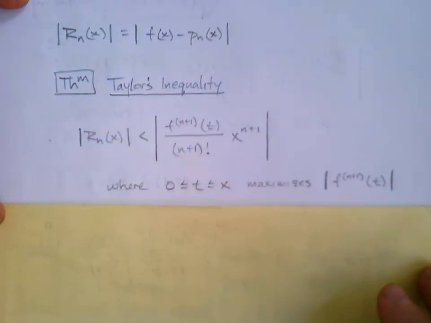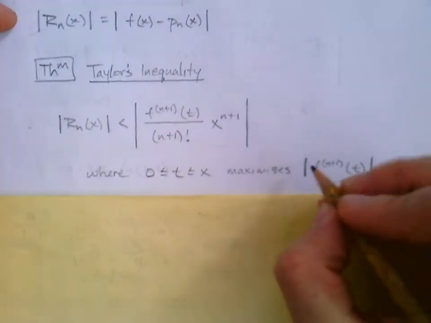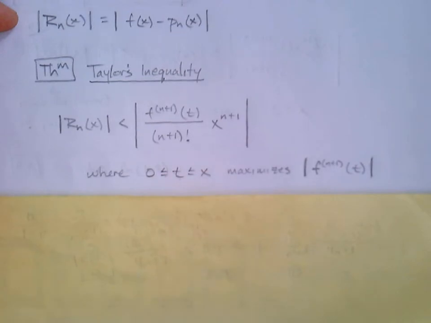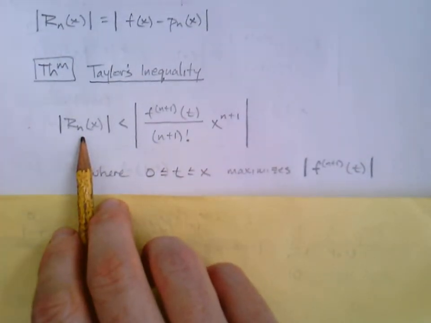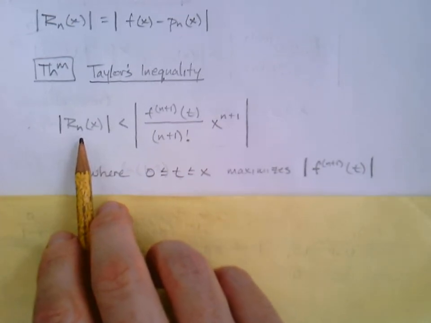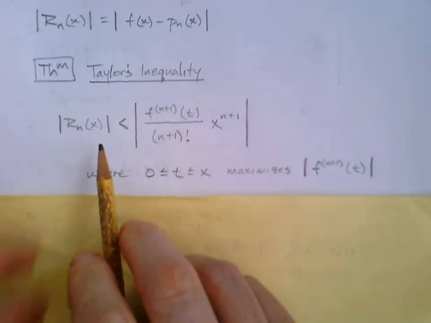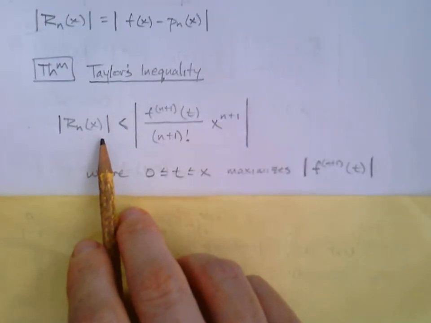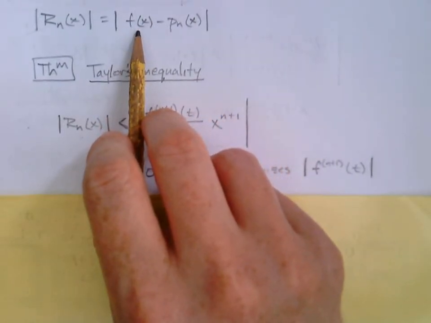Here it is. Kind of intimidating at first, but let's read through it and maybe it won't be so scary when we're done. Okay, so there's your nth degree Taylor remainder and the absolute value, right? It's less than because we won't know the actual function value in theory, right?